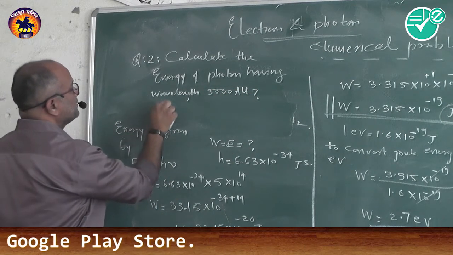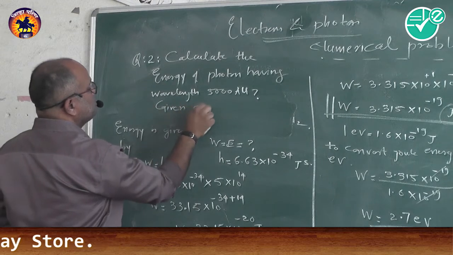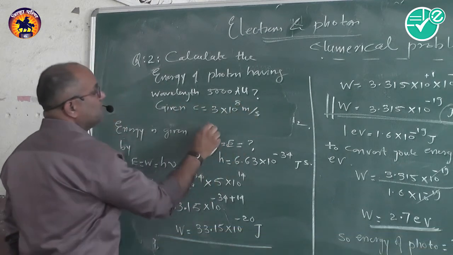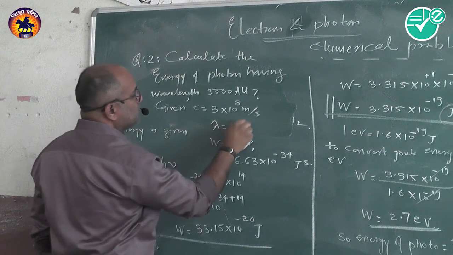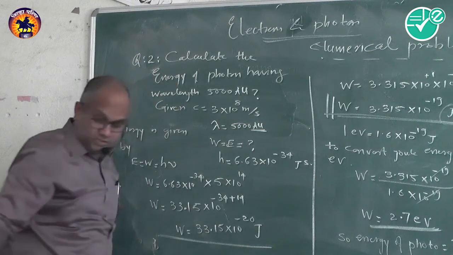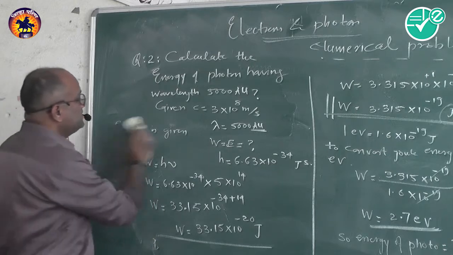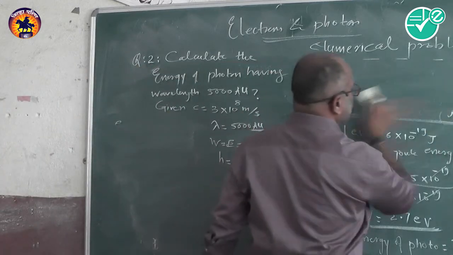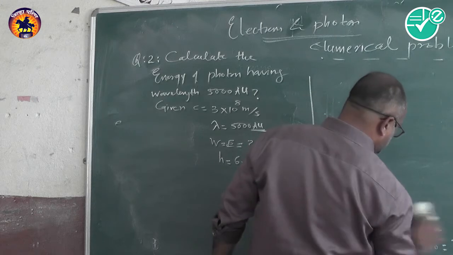Given c is equal to 3 into 10 raised to 8 meter per second. So here lambda is given to you as 5000 angstrom unit. Now angstrom unit is not the unit of the SI system. You have to convert this into meter.